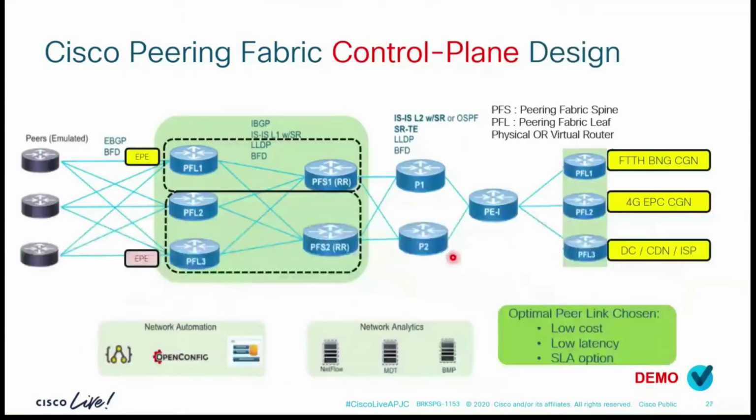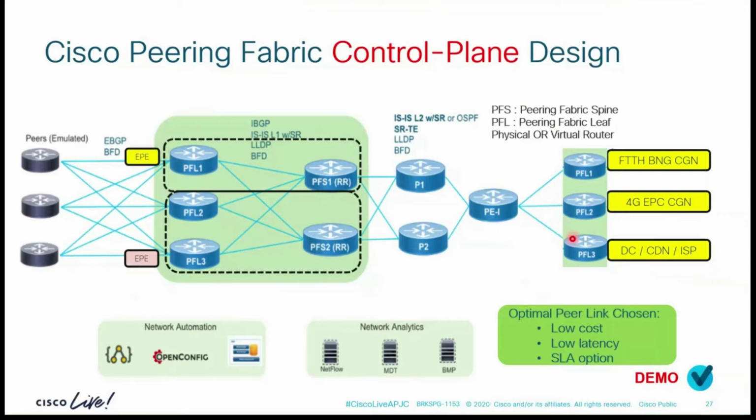And in terms of the control plane design, within the spine and leaf, we use the IGP, either ISIS or OSPF, and we activate LLDP, BFD, and segment routing here. And then specifically for the peering access, we will also use the EPE, Egress Peering Engineering, to have the BGP peering set here.